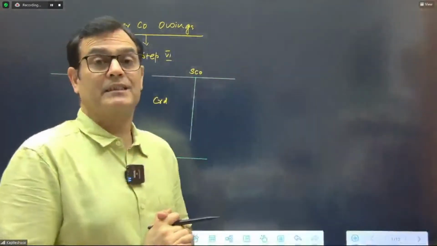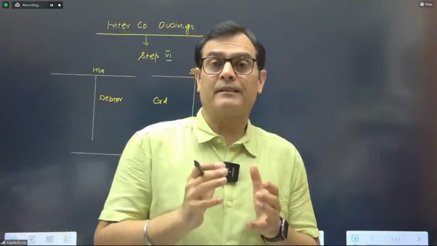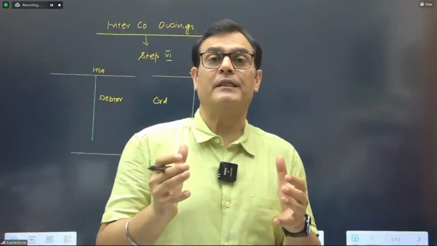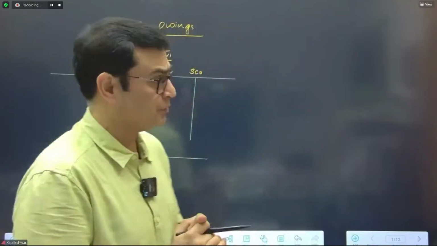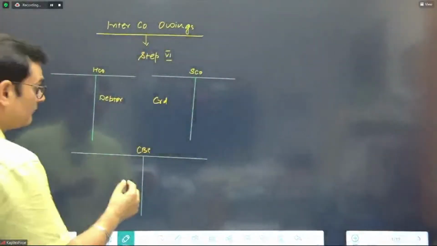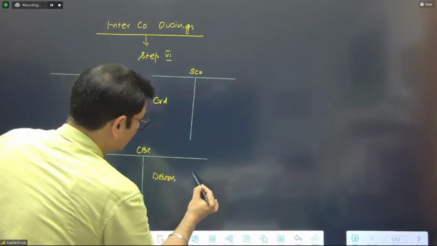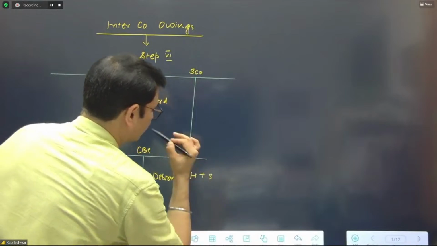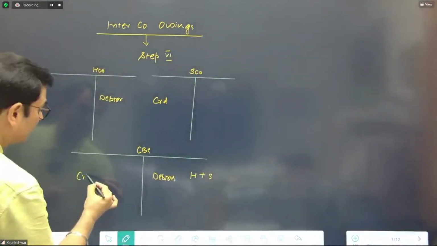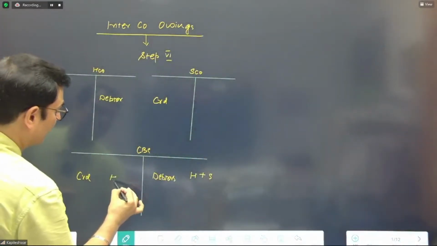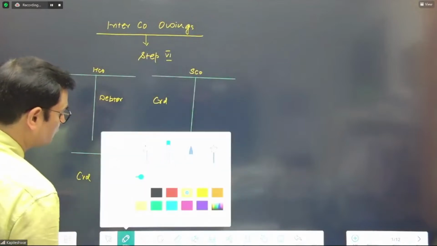So there was a credit sale between the two, and that led to a debtor-creditor relationship between the two companies, either before or after the date of acquisition. Now, what do we do? When you aggregate the debtors in the balance sheet, you would have added up holding plus subsidiary. And similarly, when you aggregate the creditors, you would have added up holding and subsidiary put together.